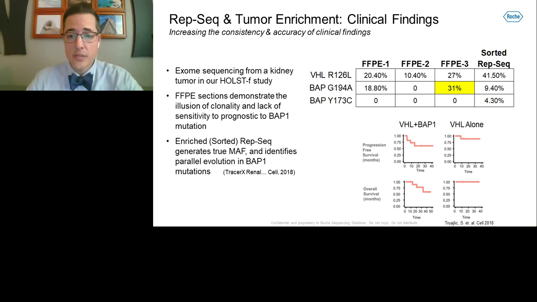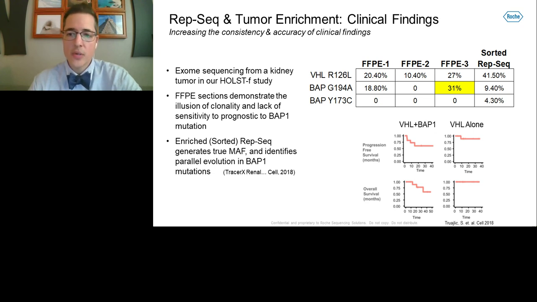However, in FFPE block number 2, we only see the VHL clonal mutation, and we miss the BAP1. And in FFPE3, the BAP1 G194A mutation appears to be clonal. That is clonal illusion, whereas it's actually subclonal.